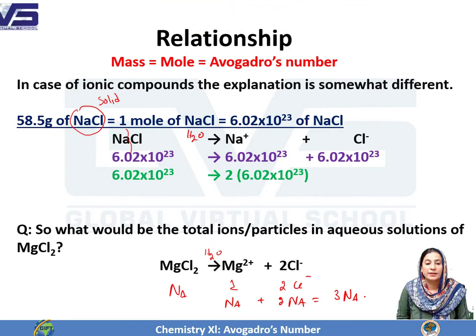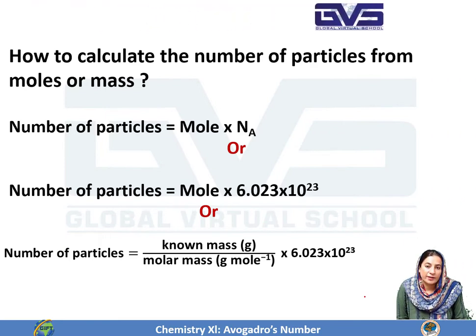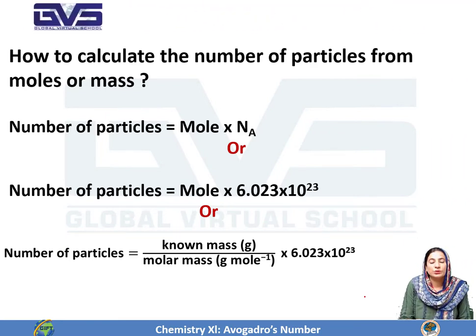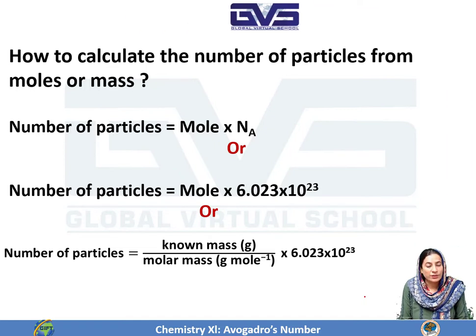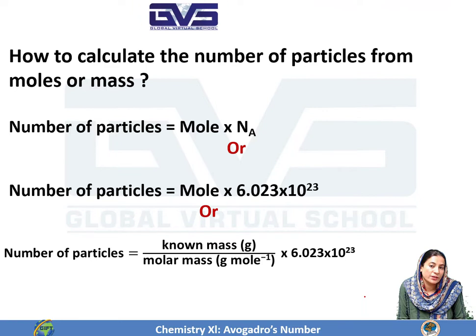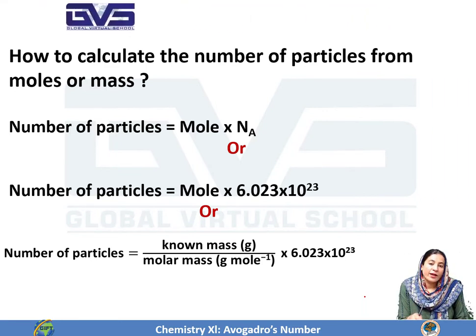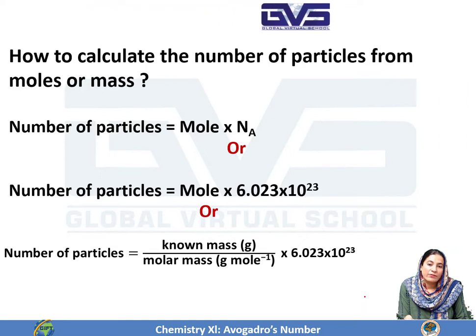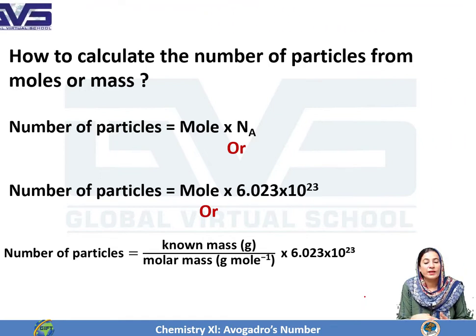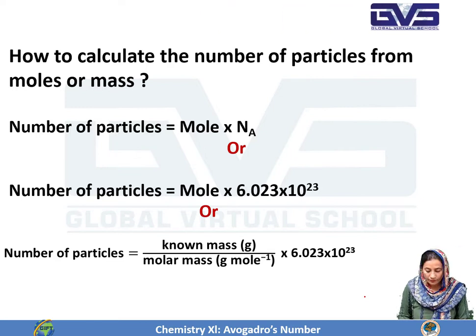Hopefully this is clear. Now how to calculate the number of particles? A simple relation: 1 mole contains 1 Avogadro's number, 2 moles contains 2 Avogadro's number, 3 moles contains 3 Avogadro's number. If moles are different, like 3.5, 1.5, 6.5, then how can you calculate? The formula is given, very easy, very simple.